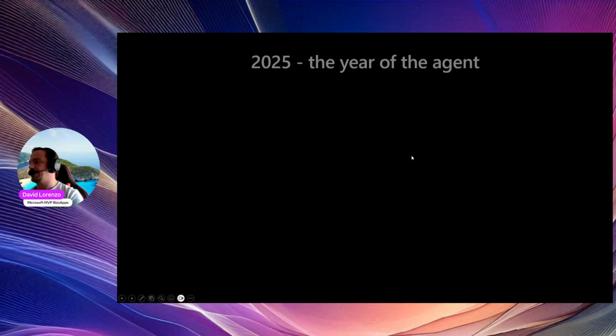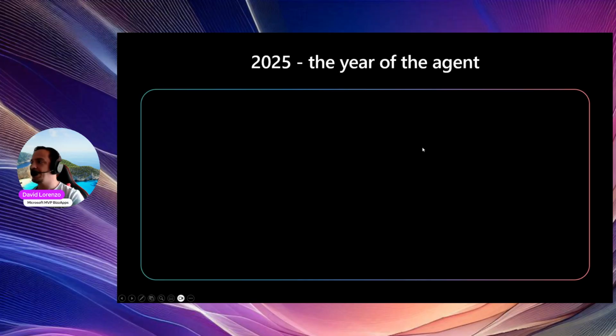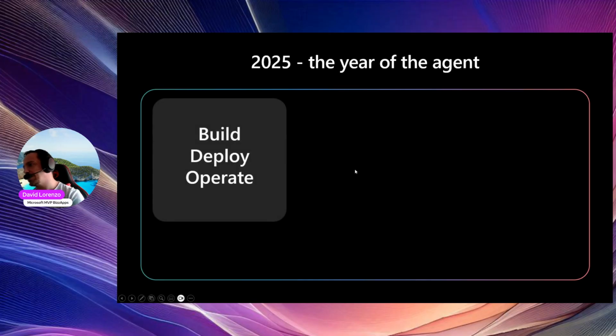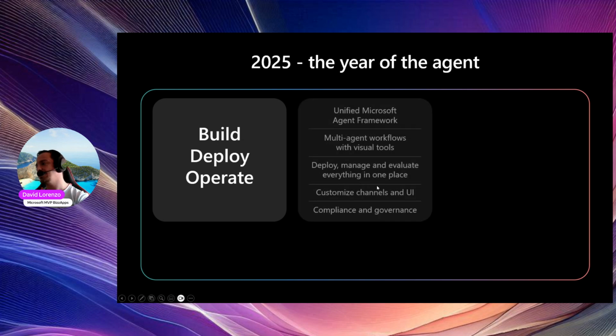So let's go ahead. 2025, the year of the agent. We can build, deploy, and operate in Azure AI Foundry, in the new revamped portal. You will see today the new interface where you have these three actions to interact with agents.